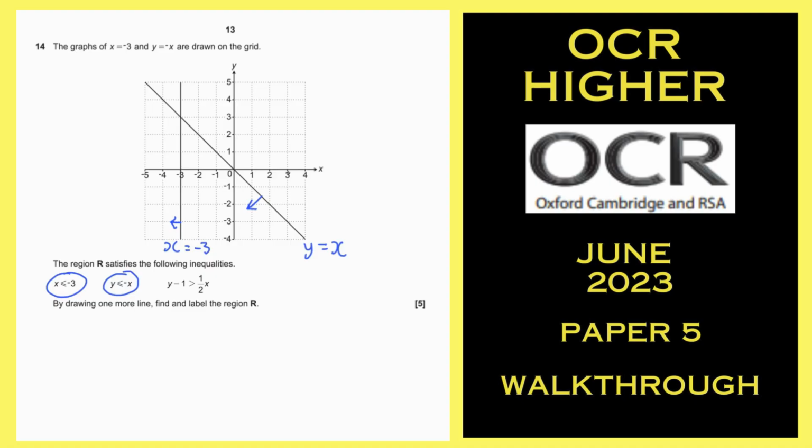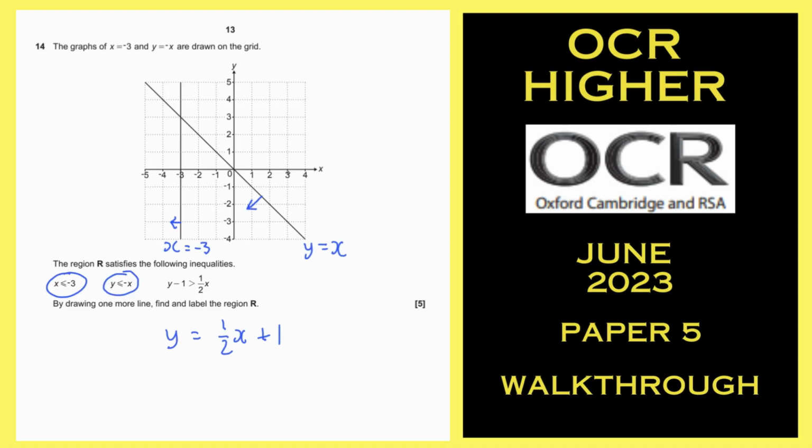Now comes a bit trickier. It's in a non-standard way. They're not easy to plot. You could obviously do a table of values, but I'm more of a preference to add 1 to both sides. Yes, I'm ignoring the inequality for now. y equals a half x, add 1.